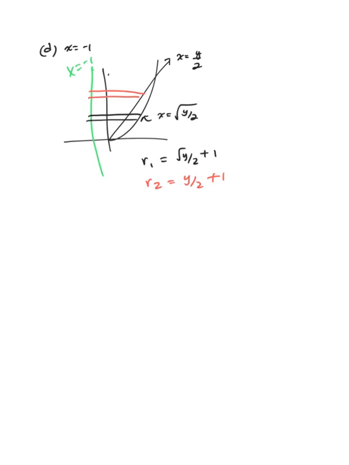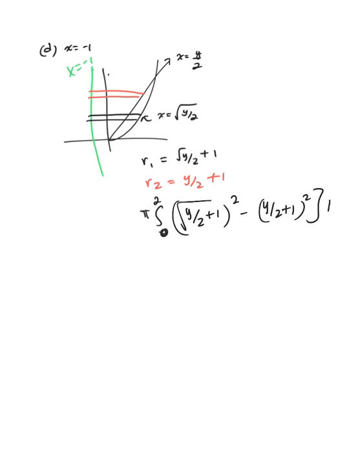So we have pi. Remember, we're going from y equals 0 to 2, like in the last problem. R1 squared minus R2 squared dy.